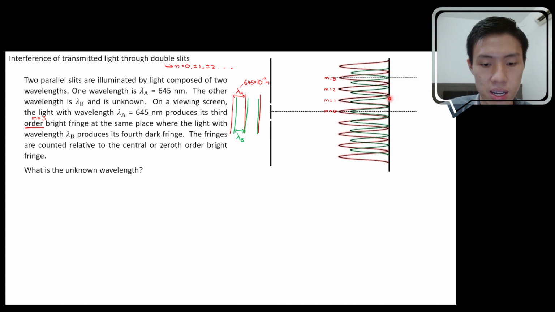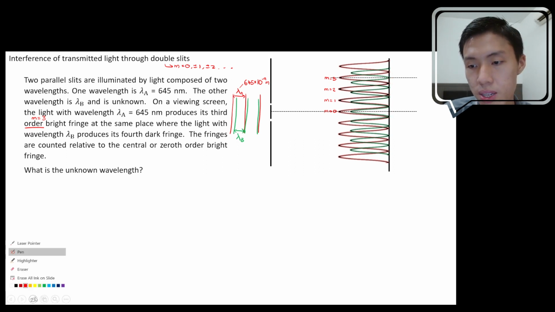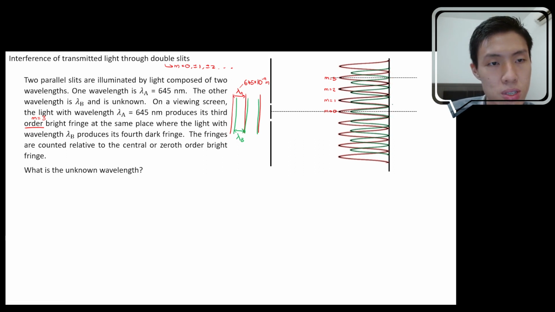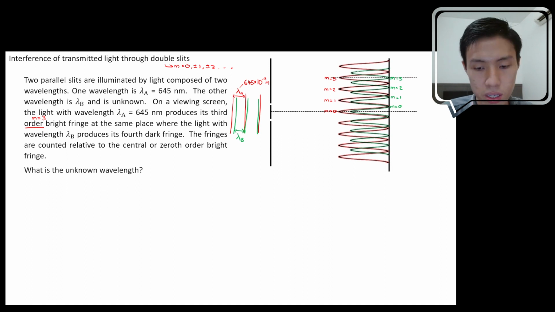In terms of labeling m, since m starts from 0, the first dark fringe is m equals 0, the second dark is m equals 1, the third dark is m equals 2, and the fourth dark is m equals 3. So they are overlapping. The pattern is quite complicated, but what we need to focus on is this position over here. The position where we find the third order bright fringe for the red light will be the same position where we find the fourth dark fringe for lambda B.